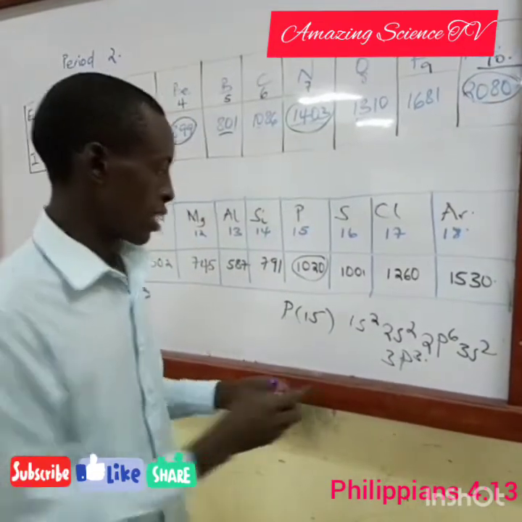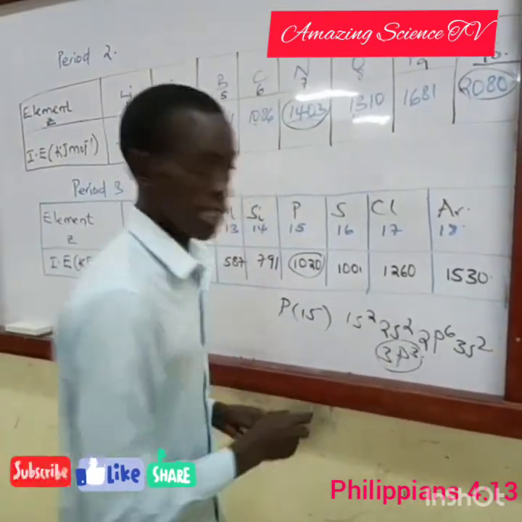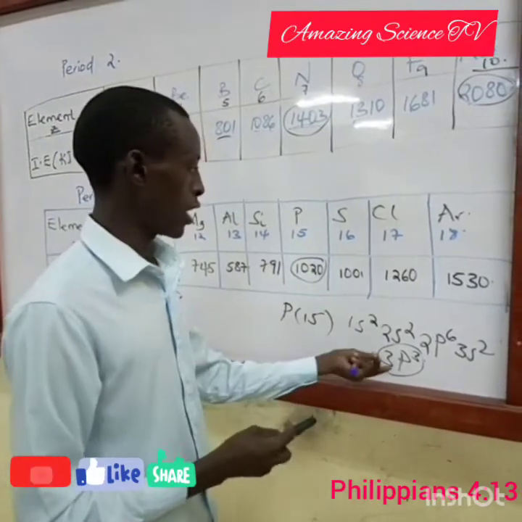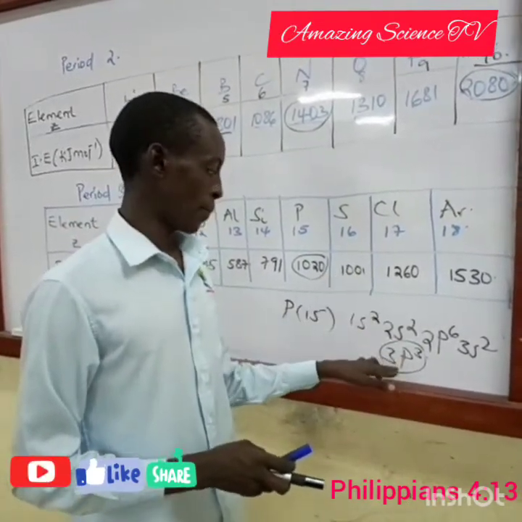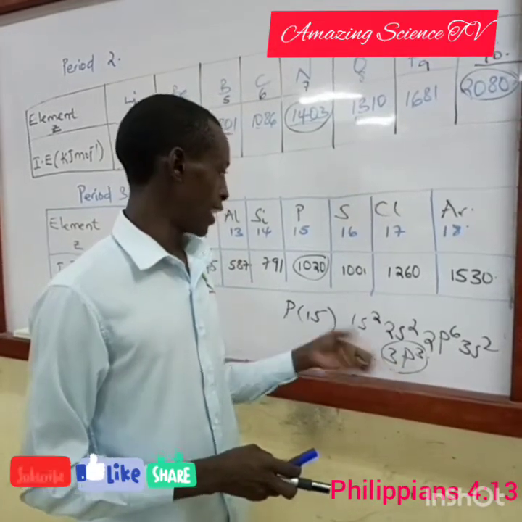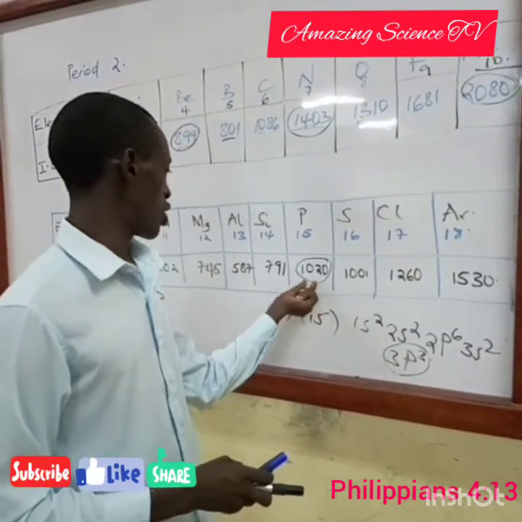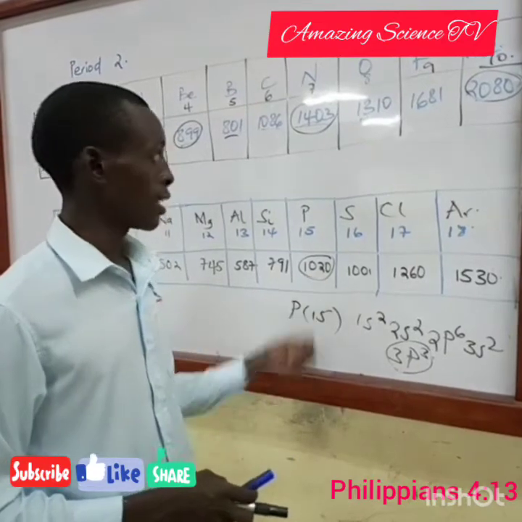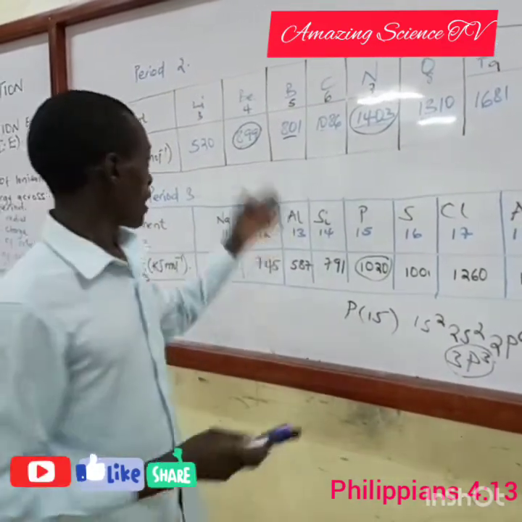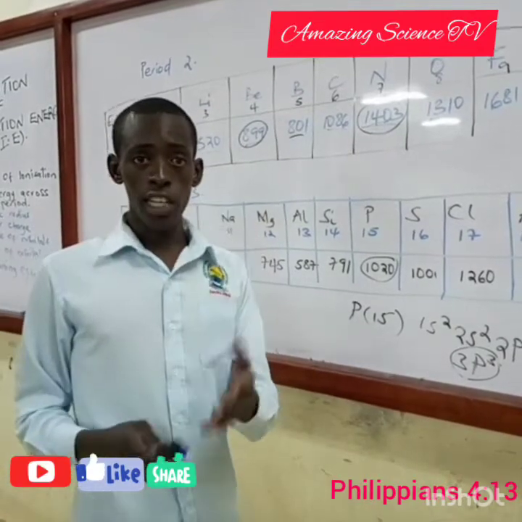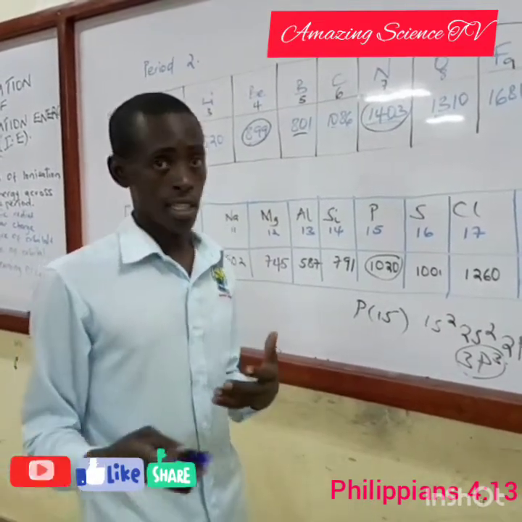So this is half filled, and so it is thermodynamically more stable, and it will require much more energy to be removed. That's why we see the trend here has been affected. But generally, across the period, the ionization energy goes on increasing.